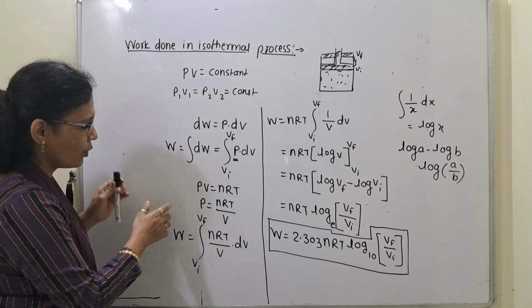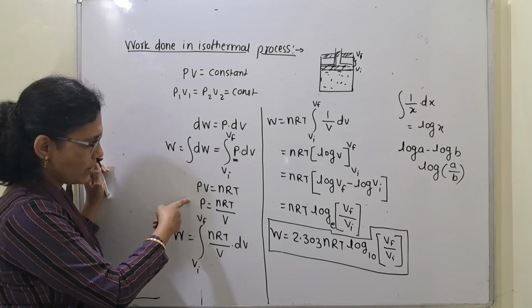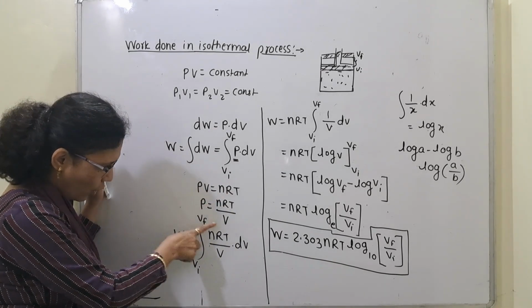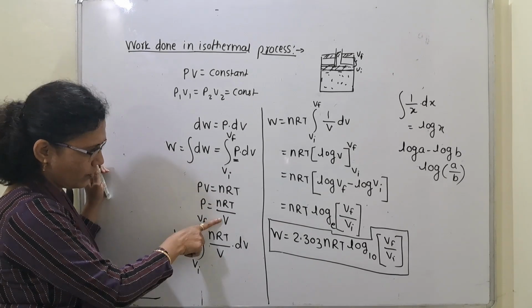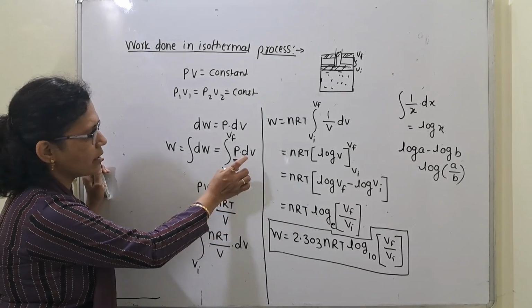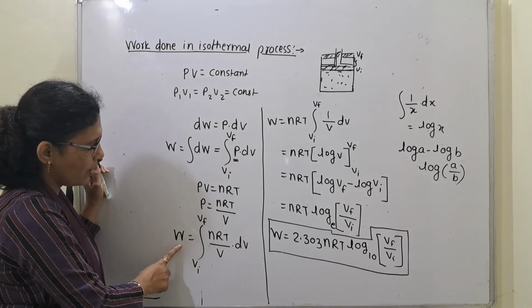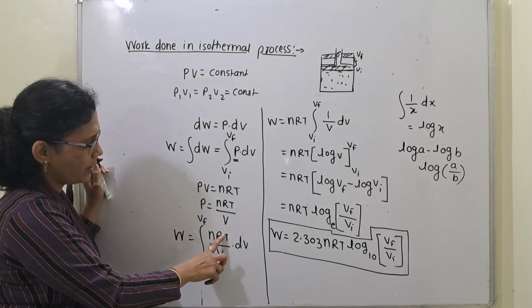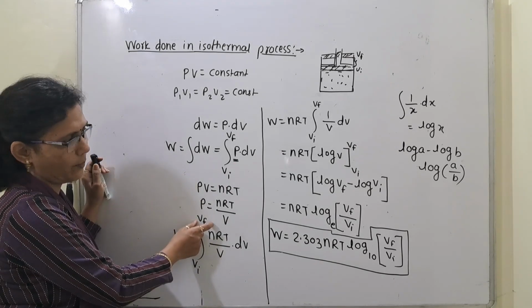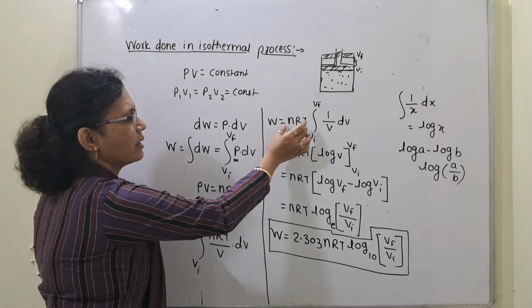But here, what is the value of P from the ideal gas equation? That is PV is equal to nRT. P is equal to nRT upon V. This V is multiplied here, it will get divided. Therefore, nRT upon V. Put this value of P in this expression. What do we get? W is equal to integration of nRT upon V dV from Vi to Vf. Then again, nRT is constant.